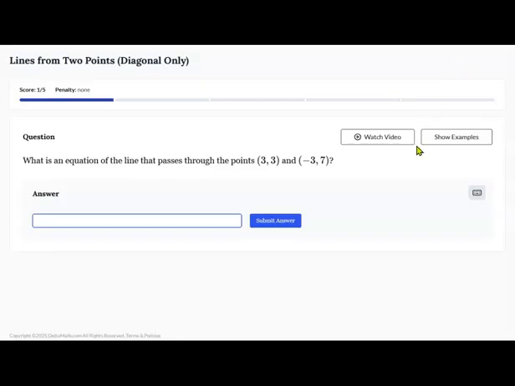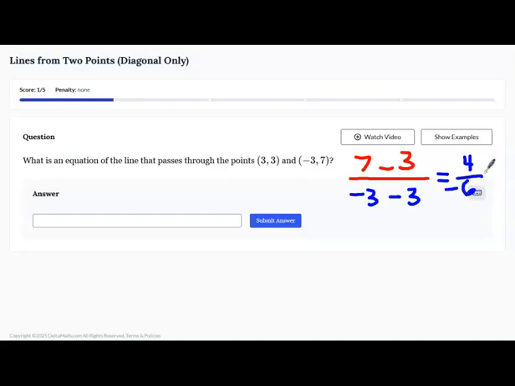One last time, you'll need to find the slope yourself, y minus y over x minus x, and once you find your slope, you choose any point you like.